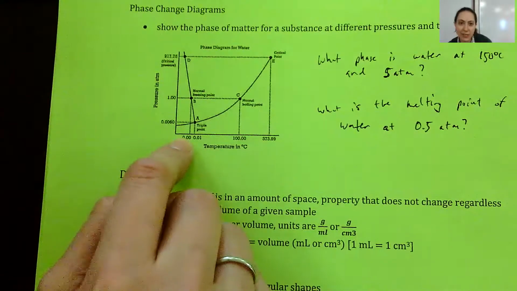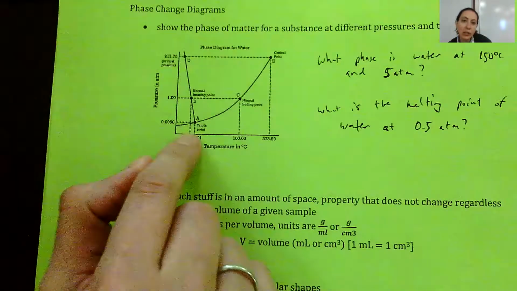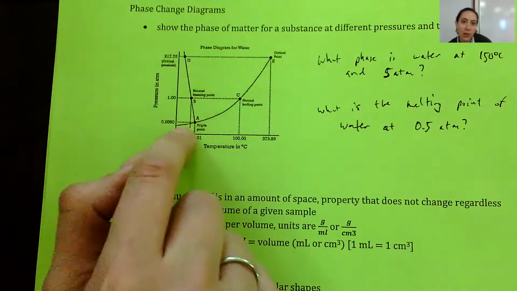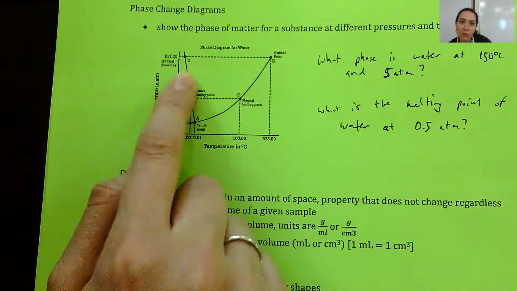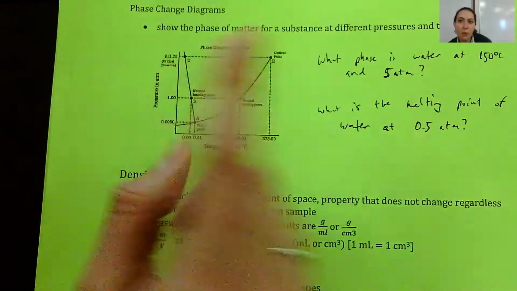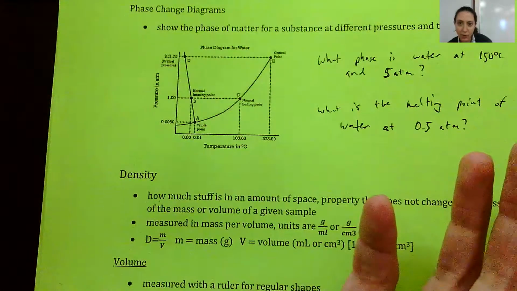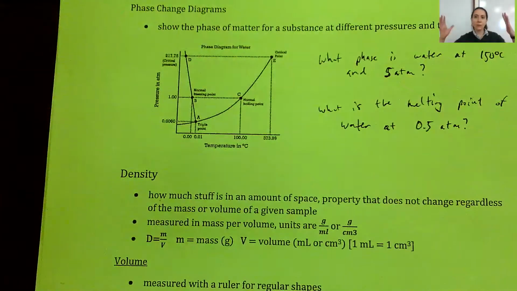So let's think about this logically for a second. If we are at low temperatures and low pressure, or low temperatures and very high pressures, what would we expect the state of matter to be? Well, temperature is a repelling force. If it's lower, it's less likely to be a gas. Pressure pushes things together and makes them solid.